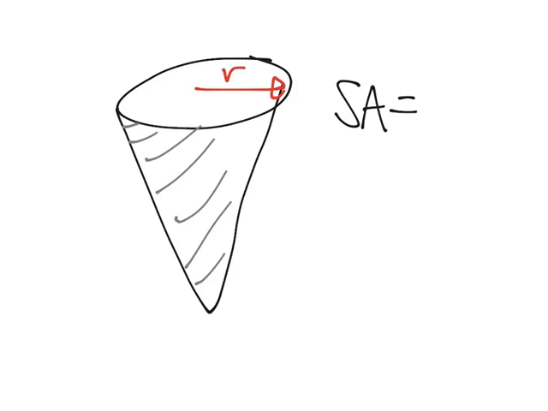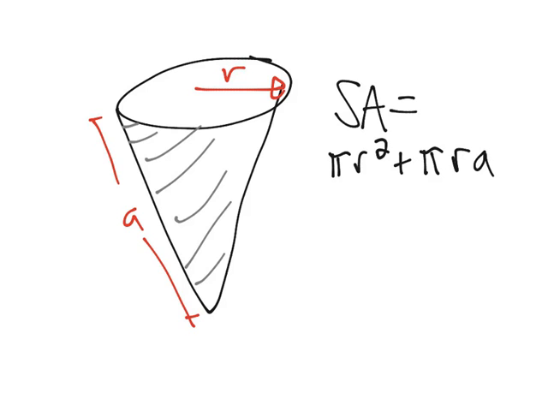So we say the surface area is pi r squared plus, and then let's say we have this length a, so it'd be plus pi r a.